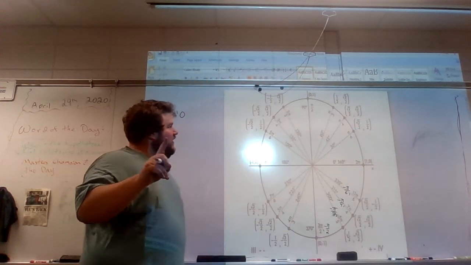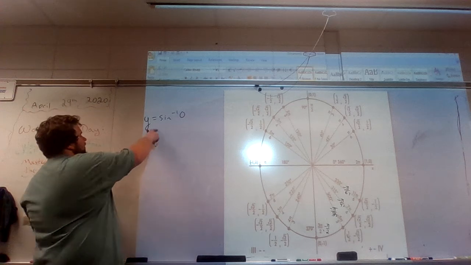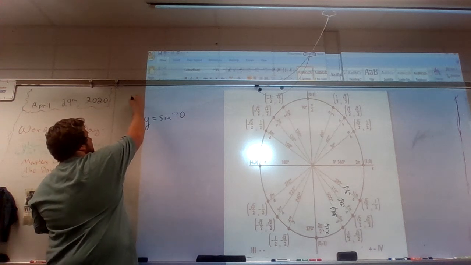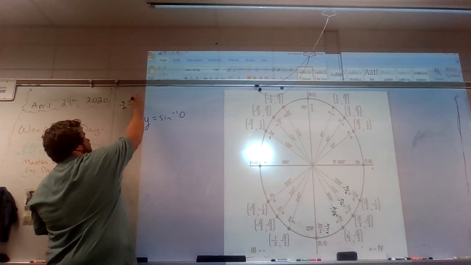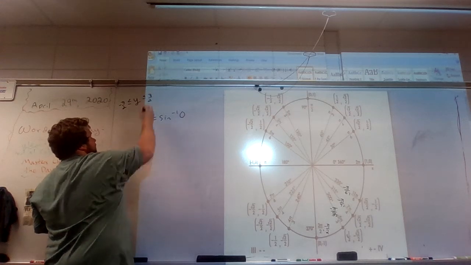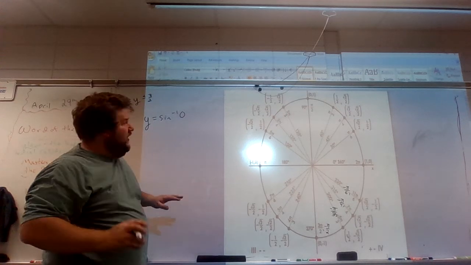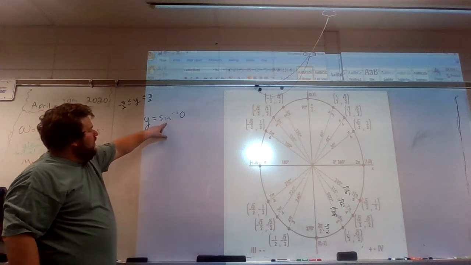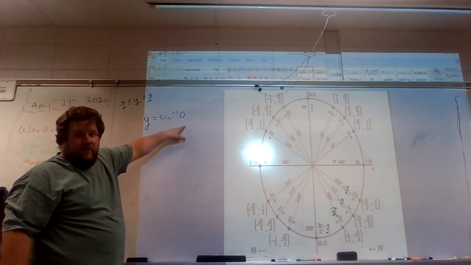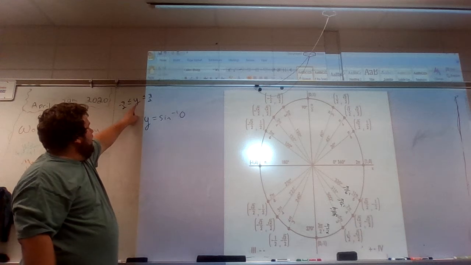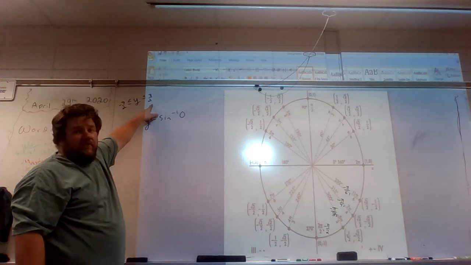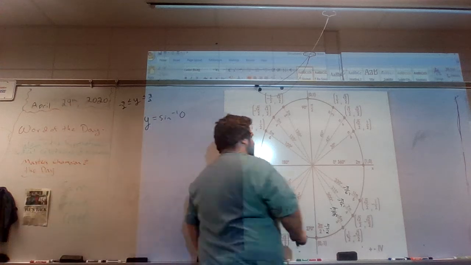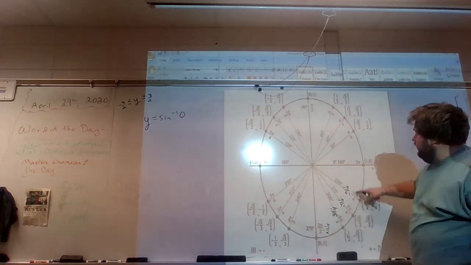But the one twist is that because this is arcsine, that output, that y value, the range, has to be between negative pi over 2 and pi over 2. So really, instead of just finding the angle where the sine is 0, I want to find the angle between negative pi over 2 and pi over 2 where the sine is 0. So I'm really looking at this part right here.